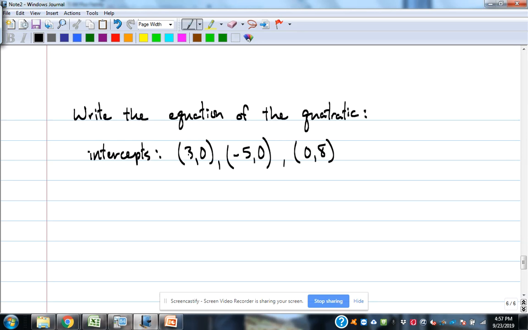So it gives you 3 intercepts, 2 x-intercepts and 1 y-intercept, and asks you to write the equation of that quadratic. So what we're going to try to do is write that in the best form possible.